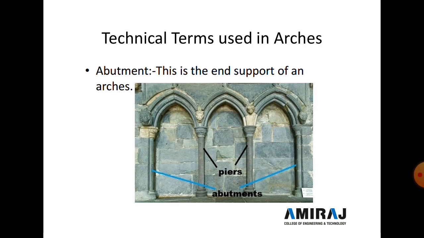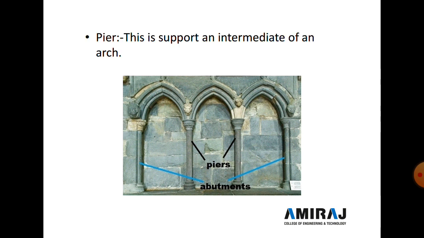Now next are some of the technical terms used in arches. The first technical term is abutment. This is the end support of the arc. So see this figure, a pillar is provided at the end of the arc, this end support is called an abutment. Now the next technical term is pier. The intermediate support of the arc is called a pier.